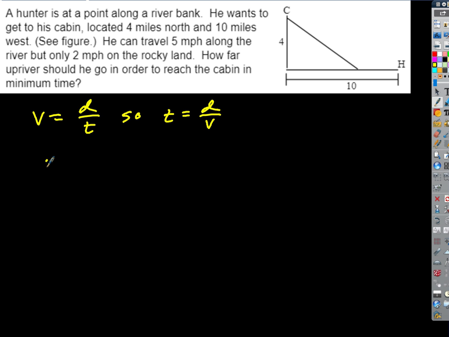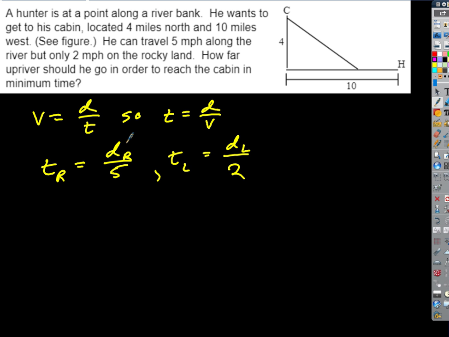We call it t sub r, the time along the river, is just going to equal the distance he travels along the river divided by v, which in this case is 5 miles per hour along the river. The time that he travels across the land is going to equal the distance across the land divided by 2. Speed is only 2, right?